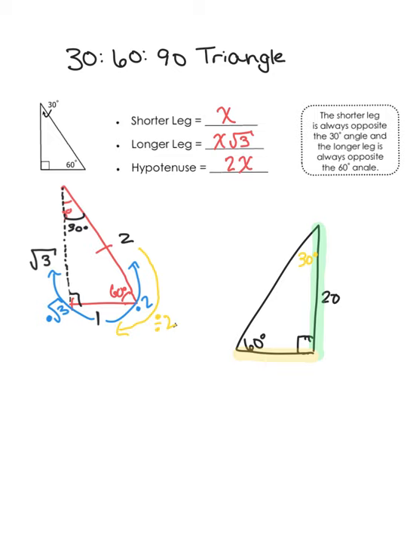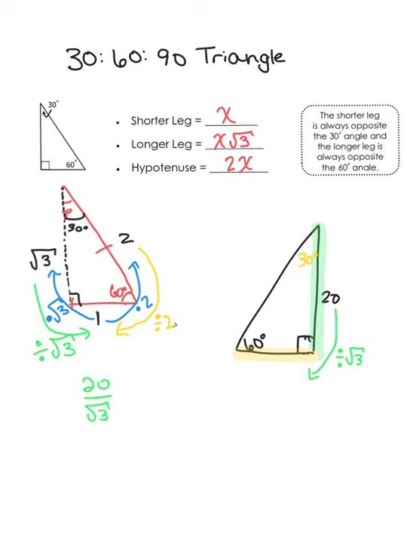So if I had to multiply by the square root of 3 to get to my long leg, what do I need to do to go from my long leg to my short leg? I need to divide by the square root of 3. So I need to do 20 divided by the square root of 3.